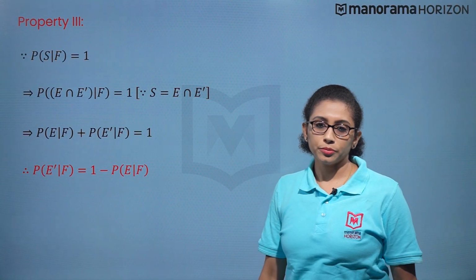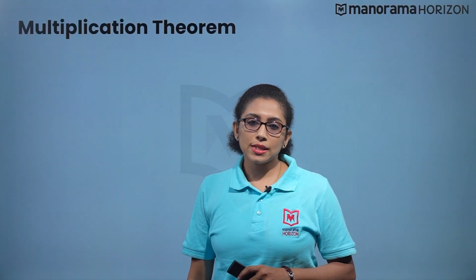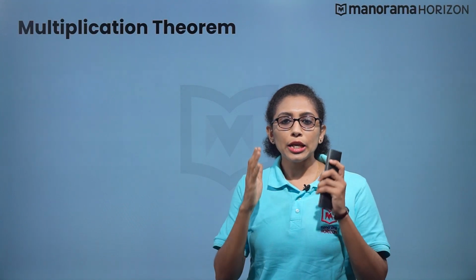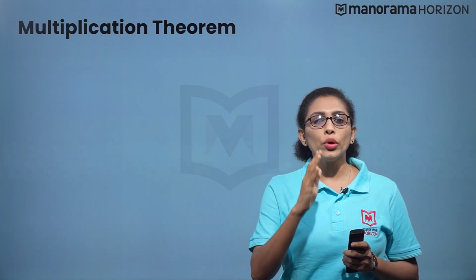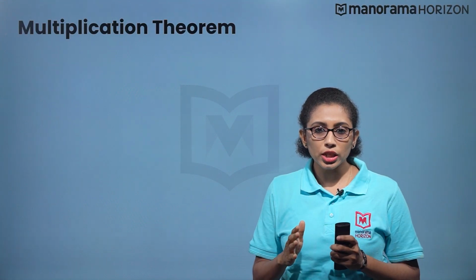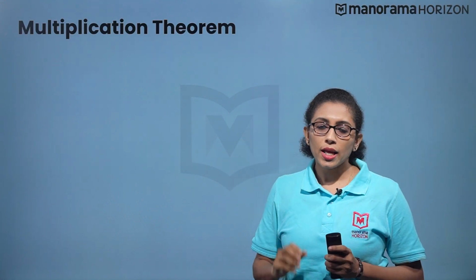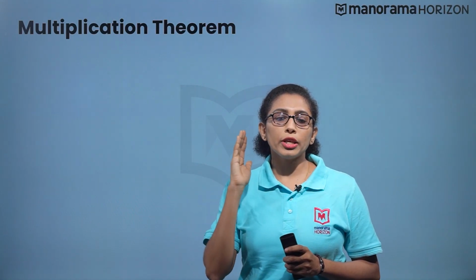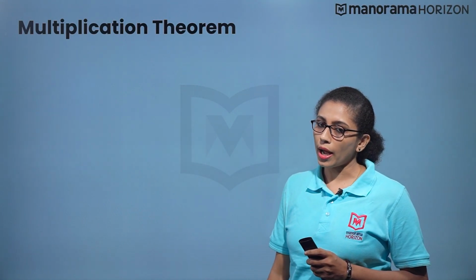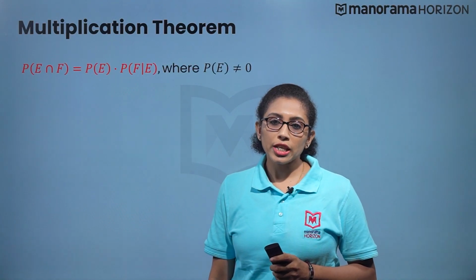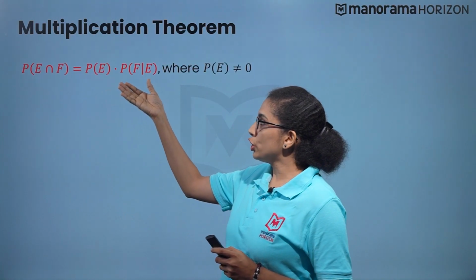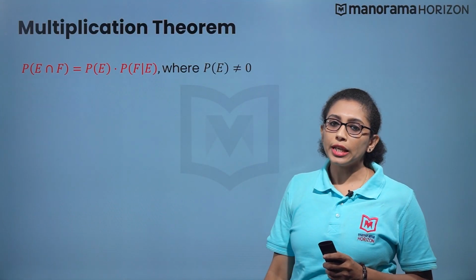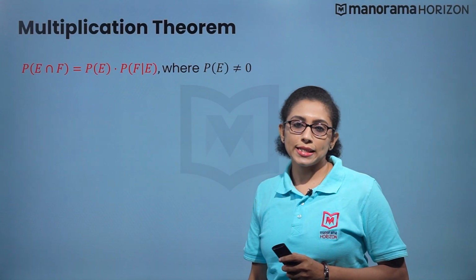Now, let us discuss the multiplication theorem, which states that if E and F are two events associated with a sample space S, then the probability of simultaneous occurrence of the events E and F is given by P of E intersection F is equal to P of E into P of F given E, where the probability of E should not be equal to 0.